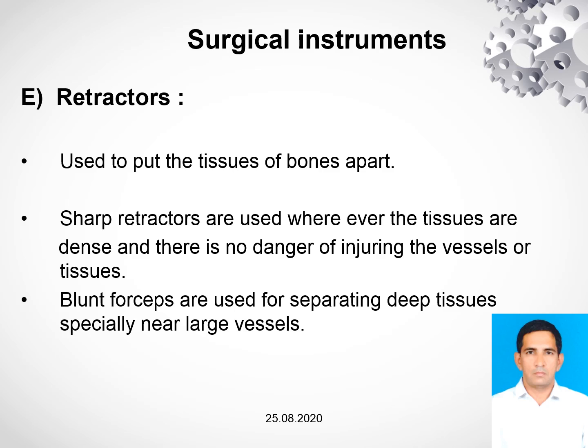Sharp retractors are used wherever the tissues are dense and there is no danger of injuring the vessels or tissues. Blunt forceps are used for spreading deep tissues, specifically near large vessels.